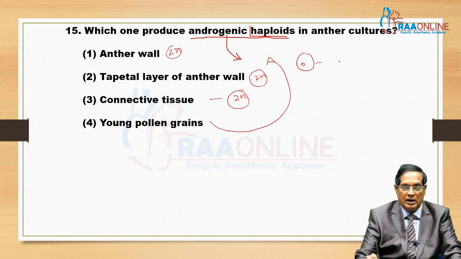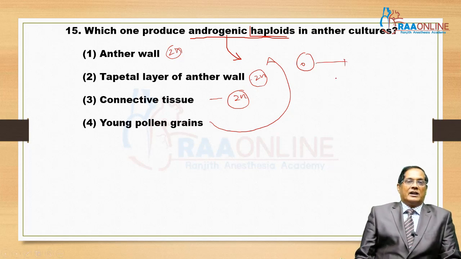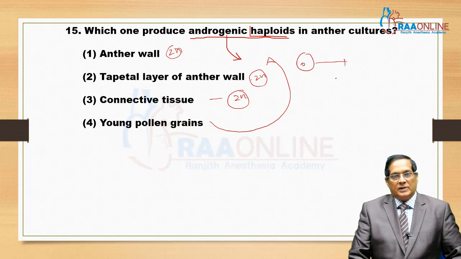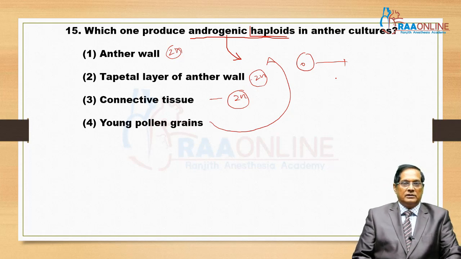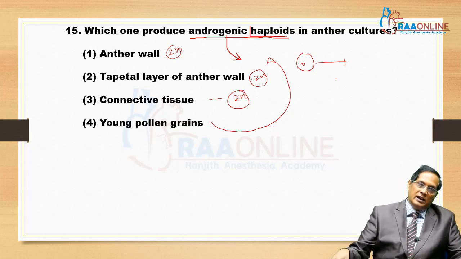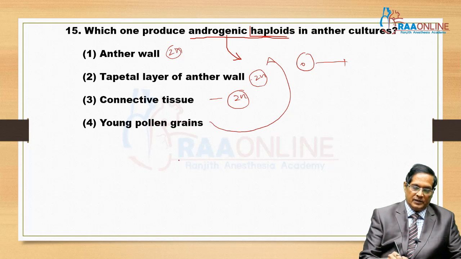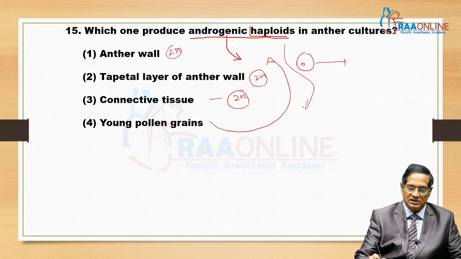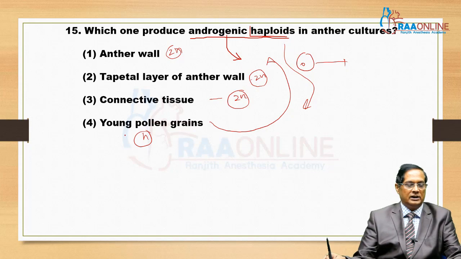If plants are raised from the pollen grain, they are called androgenic haploid, because ploidy of pollen grain is haploid.